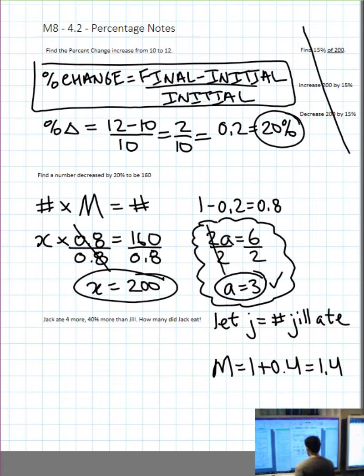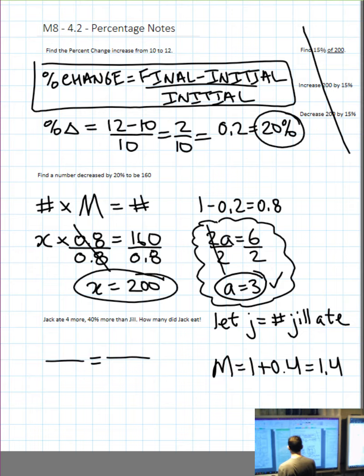So let's start off with is over of equals over. So what I know is that however many Jill ate, our defined variable J, well, Jack ate 4 more than that. So how many did Jack eat?